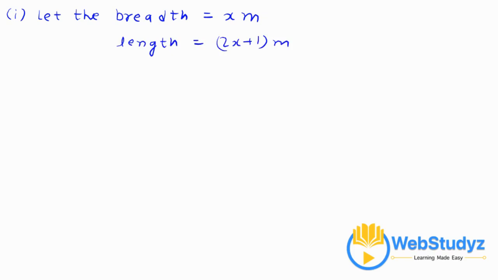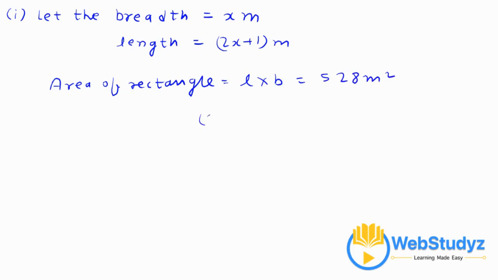As we know, area of rectangle is equal to length into breadth, which is already given as 528 meter square. So we can simply multiply length, which is 2x plus 1, and breadth, which is x, equals 528.